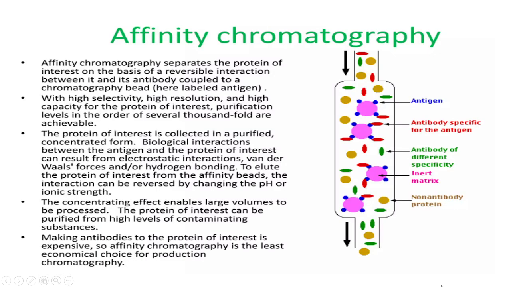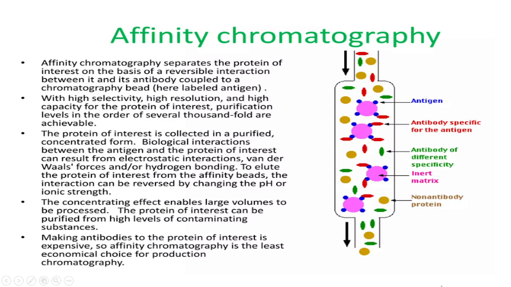Then we have affinity chromatography, which separates molecules based on their affinity to a certain compound. For example, if you want to separate a particular antibody, you'll have the antigen specific to the antibody attached to the beads. This is very, very selective.